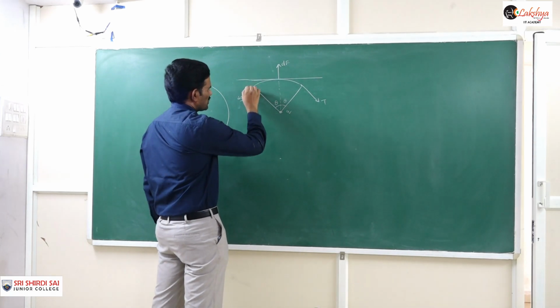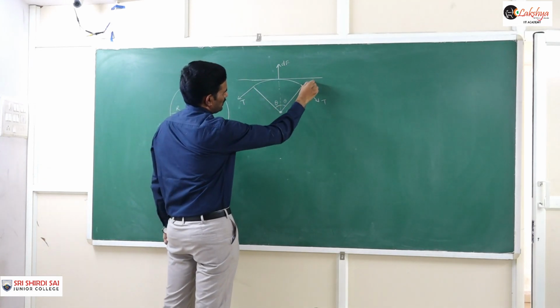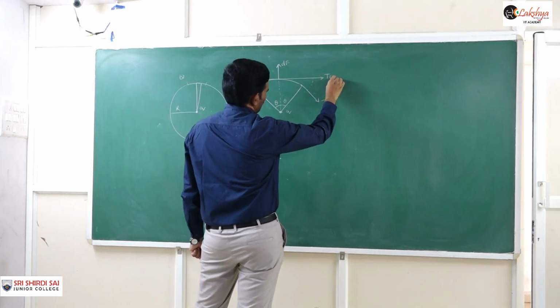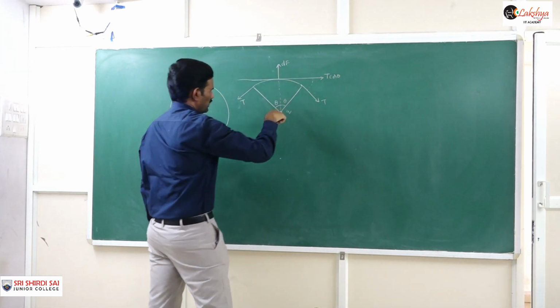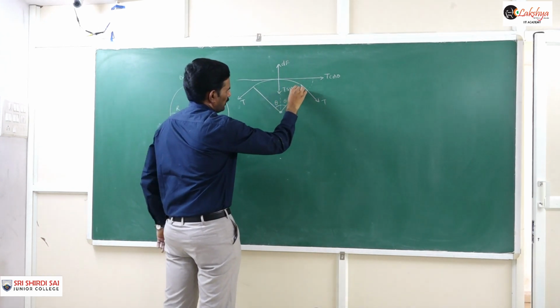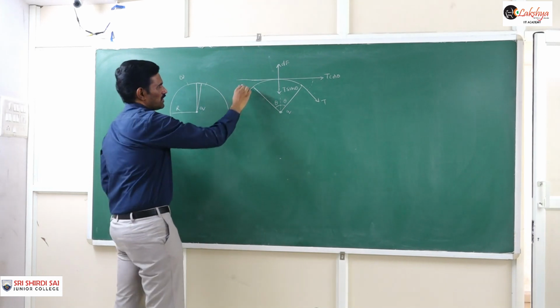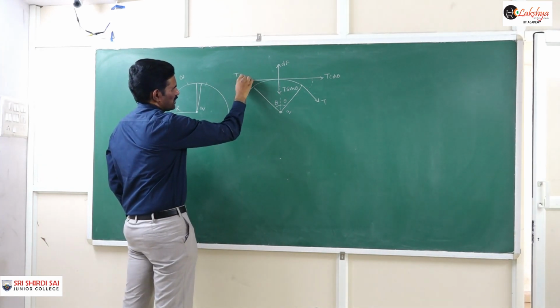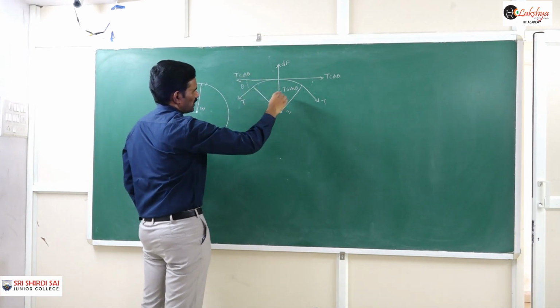You can resolve this tension into components. If this angle is theta, then you can take this angle as theta, so this will be T cos theta, and T sin theta will be in the downward direction. Similarly, this angle will be theta, so this is T cos theta, and in the downward direction T sin theta.